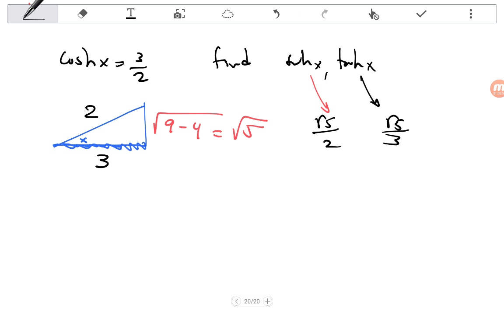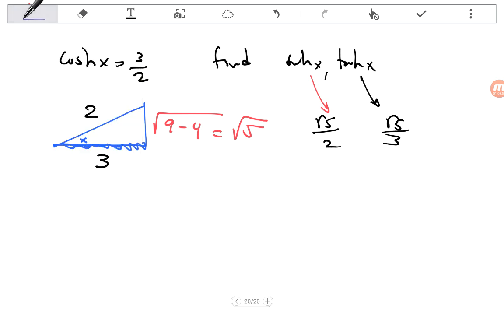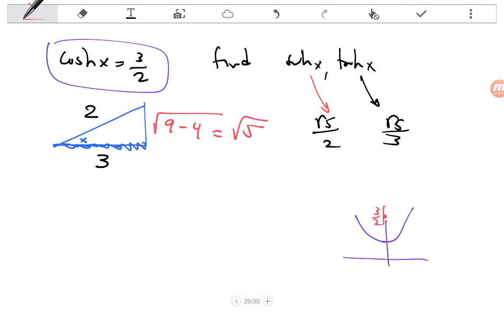But there is just a note here. This is not a complete answer. Why? Because if I tell you that cosine x is equal to 3 over 2, what is x here? Does it have one value or more than one value? Yes, I have two angles that have their cosine equal to 3 over 2.